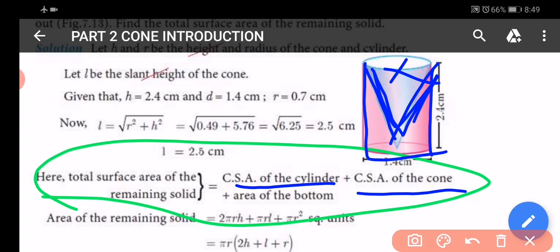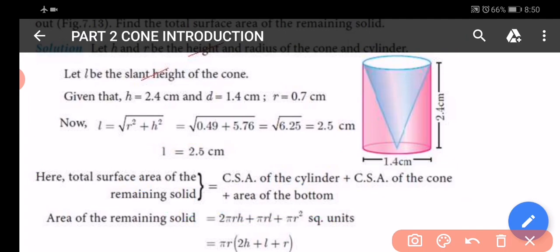So the curved surface area of the cone, and in the sum they asked total surface area. Therefore in the cylinder there is only one base. This base is curved out from the cylinder, so there is only one base, that is plus area of the bottom. Area of the bottom is circular in shape.